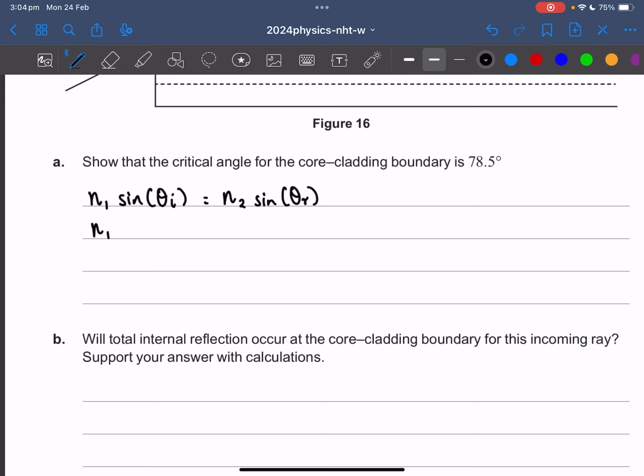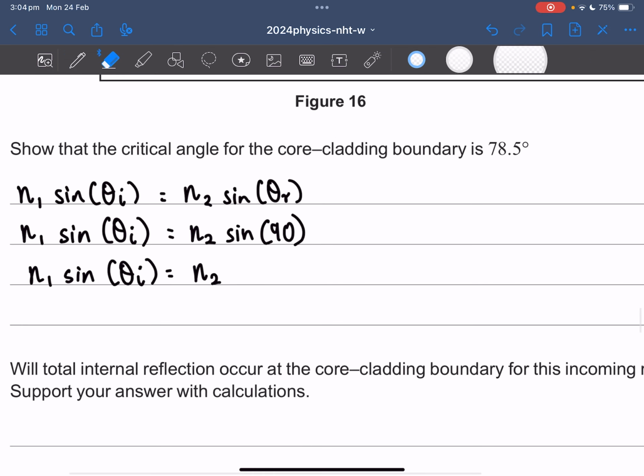So n1 sine theta i equals n2 sine 90. That gives us n1 sine theta i equals n2. And now we have to find this one over here, which is basically going to be our critical angle.